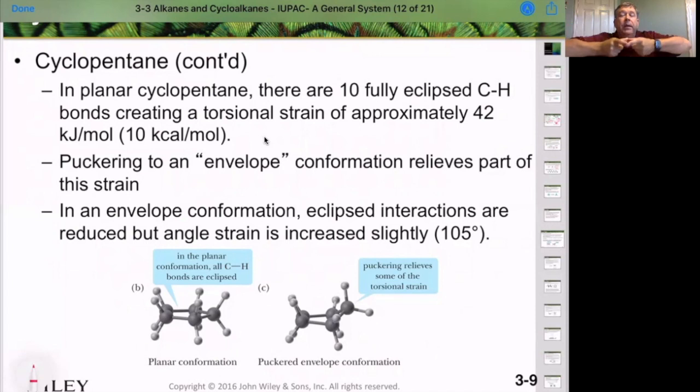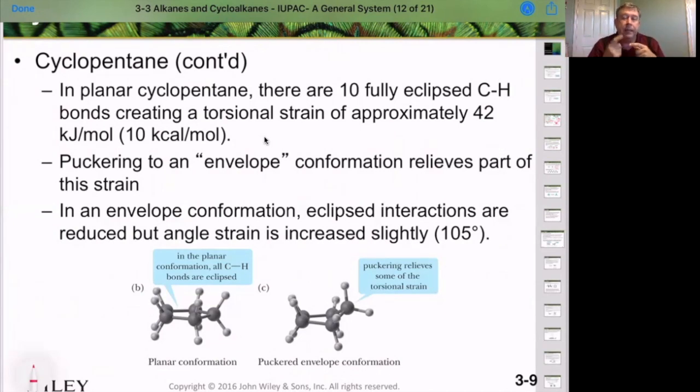But it wants to be 109.5 degrees, but it can't do that. So what it's going to do is it's going to pucker slightly on one side to relieve a little bit of that to expand from the 105 to the 108. So it's getting closer and closer to being in that range.